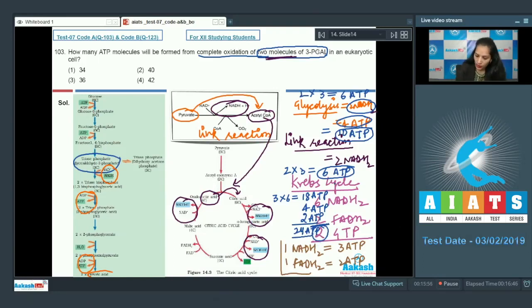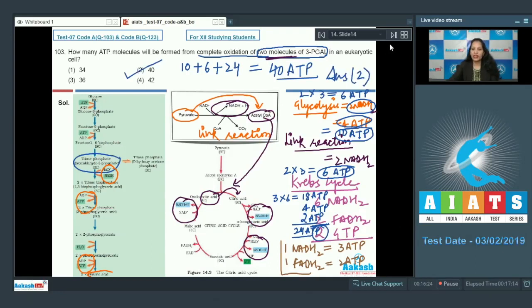So now add these total ATPs from glycolysis, link reaction and the Krebs cycle: 10 ATP plus 6 ATP plus 24 ATP, which gives you 40 total ATP molecules. So the correct option for the given question is option number 2.